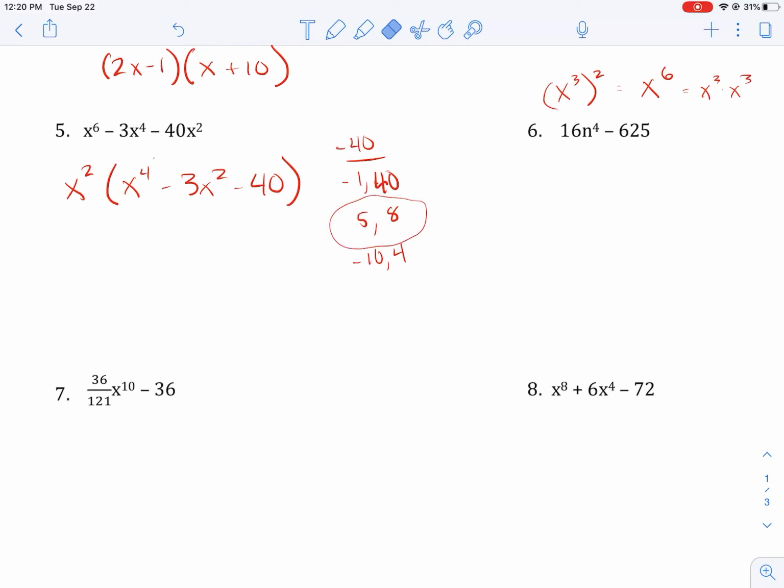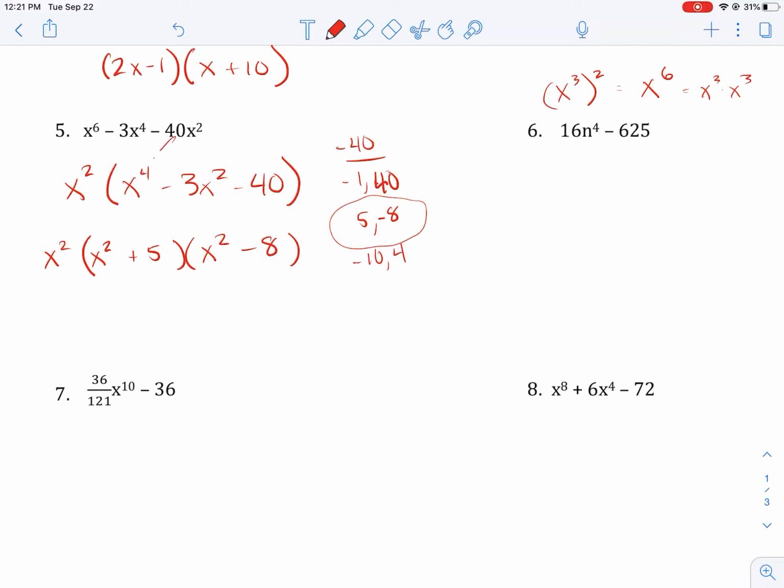This one right here, but we're going to have to change our signs. Okay? And because we don't have a leading coefficient here greater than 1, we can just go right to the parentheses. All right, so don't forget to split this up. It's going to be x squared plus 5, x squared minus 8.